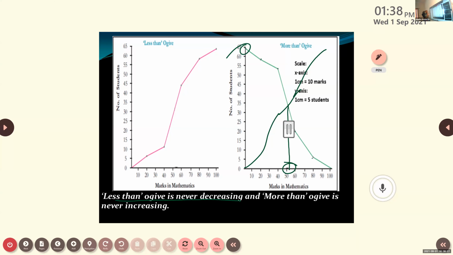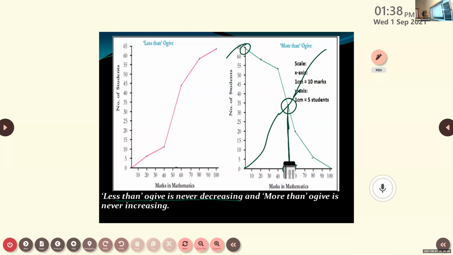Pranav? From the point of intersection, draw a perpendicular line towards the x-axis. Where it touches the x-axis, there lies the median.